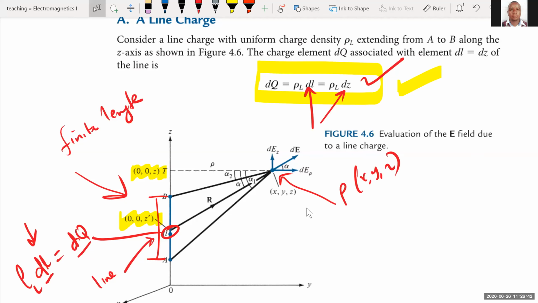So from this diagram, we can see a typical illustration of how we can consider this element dl from the point P, in terms of its dimensions x, y, and z.